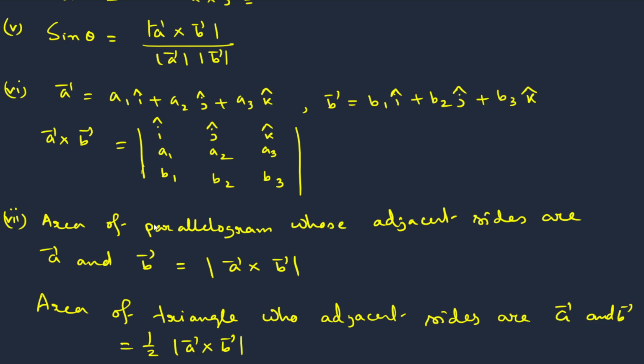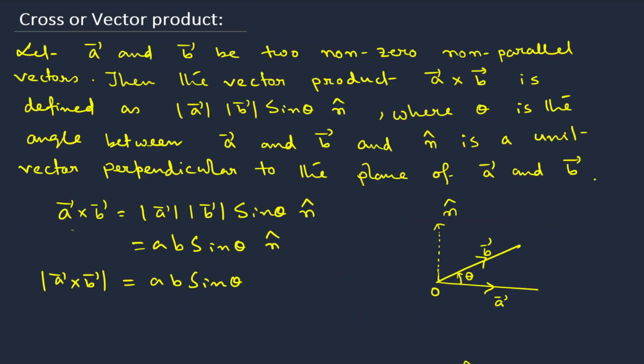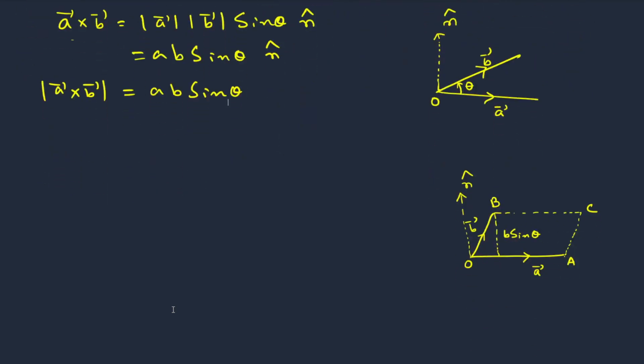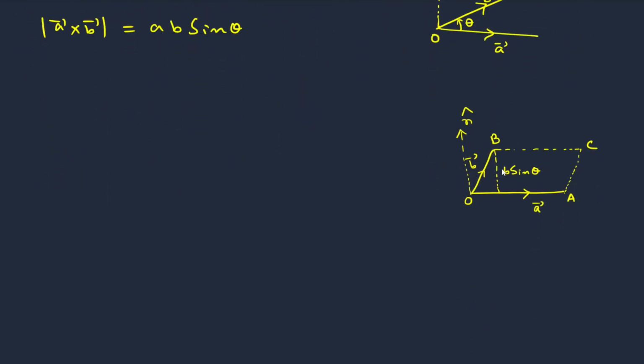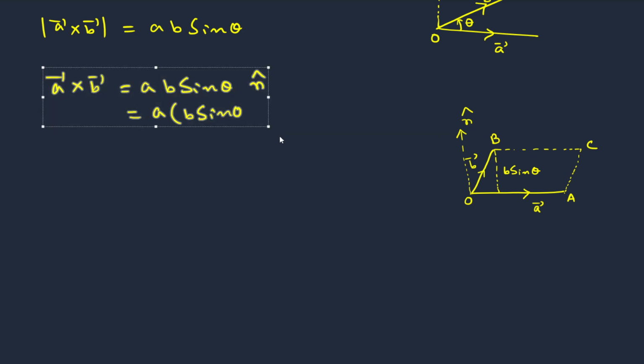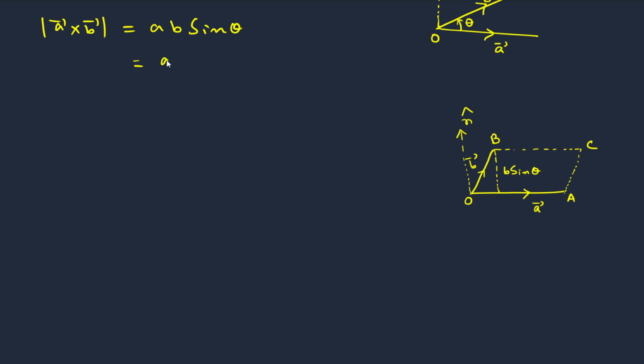Now let us understand the geometrical representation of this cross product also. A bar cross b bar is a b sine theta n cap. So a, then b sine theta. Here a is the magnitude of this particular line OA, and b sine theta is the height of the parallelogram.